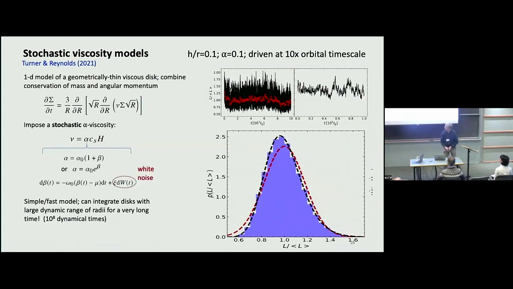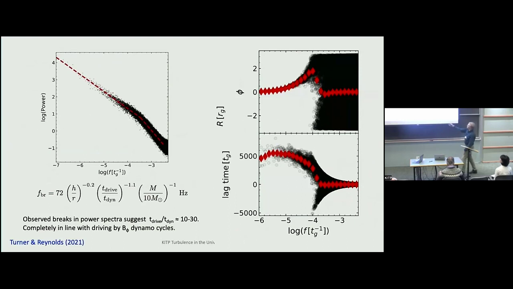So, for example, these are model power spectra that we get from that simple stochastic alpha approach, and lo and behold, we get a break. That break corresponds to the driving timescale in the emitting part of the disk, the part that's principally giving us most of our luminosity, where most of the gravitational energy is released.